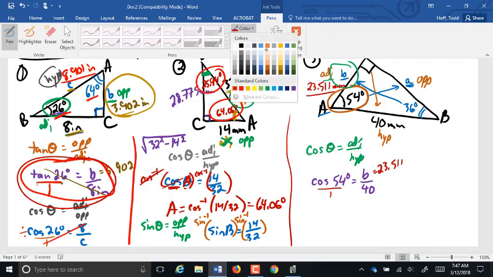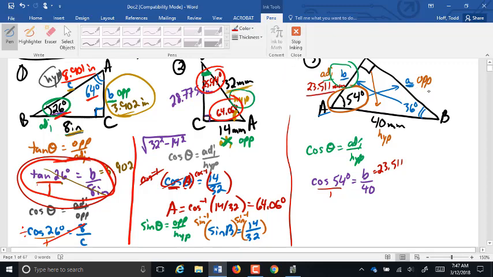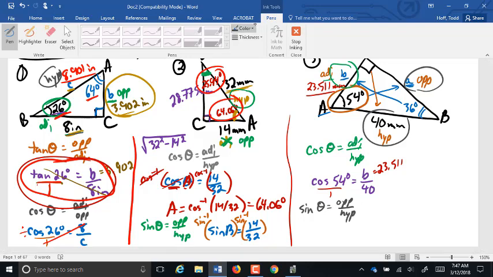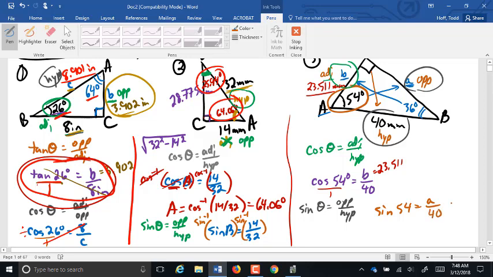Now A. If I'm looking at angle A, I have the hypotenuse, and A is the opposite. That would be sine, which is opposite over hypotenuse. So I'm going to put in sine of 54 equals the opposite side, A, over my hypotenuse, which is 40.